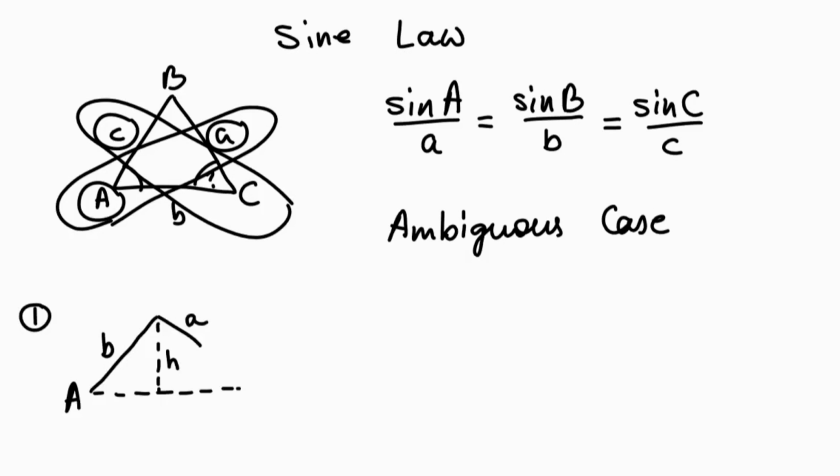Say I have a situation like this in number 1, where I have an angle A, side B, and side A, and a height h. You can clearly see from here that side A is shorter than side B, and it is shorter than the height of the possible triangle. When that happens, there is no triangle formed.